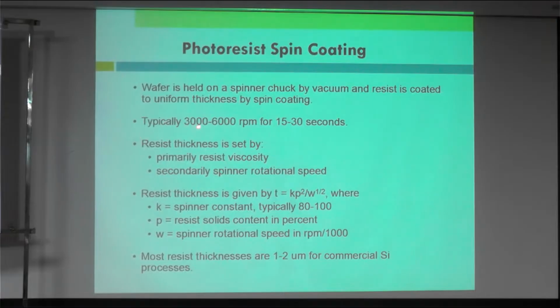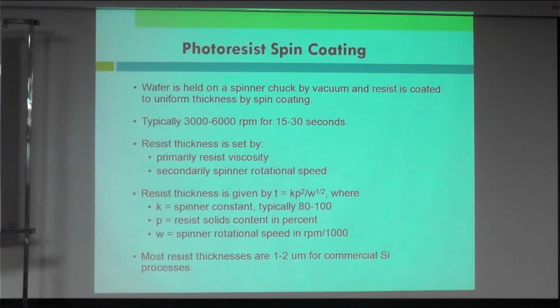So typically, 3,000 to 6,000 RPM for 15 to 30 seconds. It depends on how thick you want the resist to be on the surface and what the photoresist material is. If it's a high viscosity and you want a thick film, then you reduce the spin RPM.